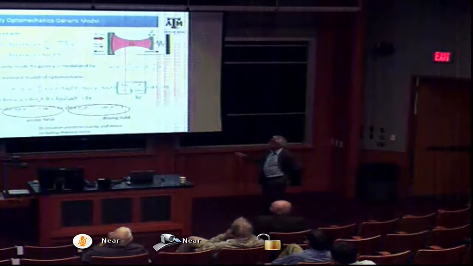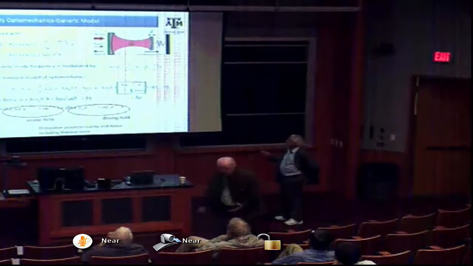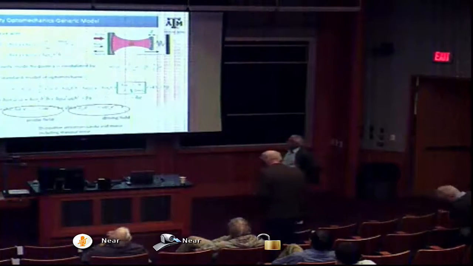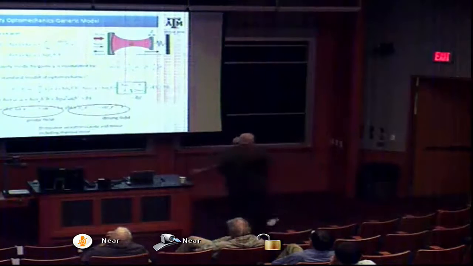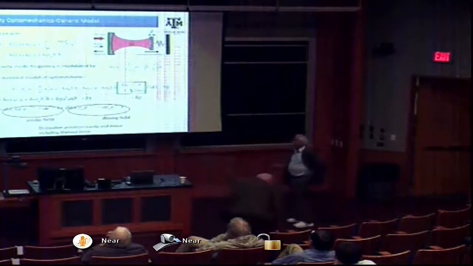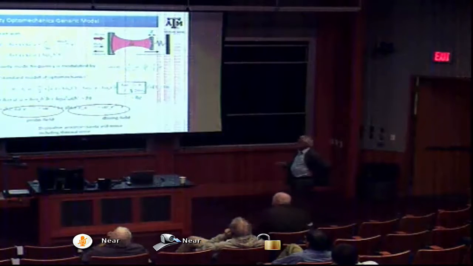Note the x dependence of this frequency, and since this mirror happens to be at the node of the cavity, you can approximate this change in the frequency by the linear term, and then you get an optomechanical interaction term of this kind.